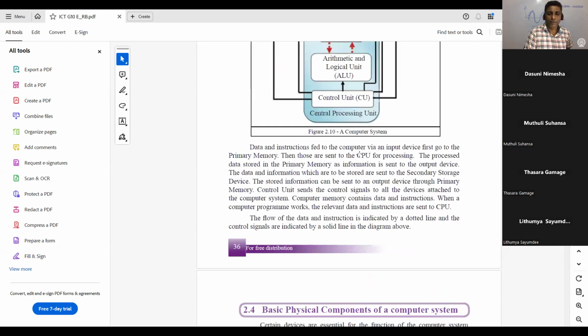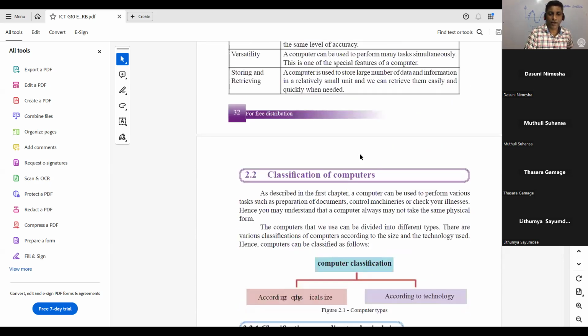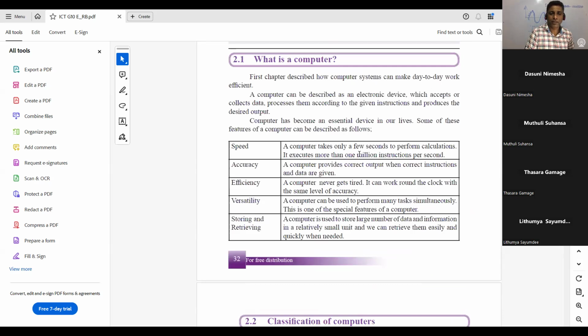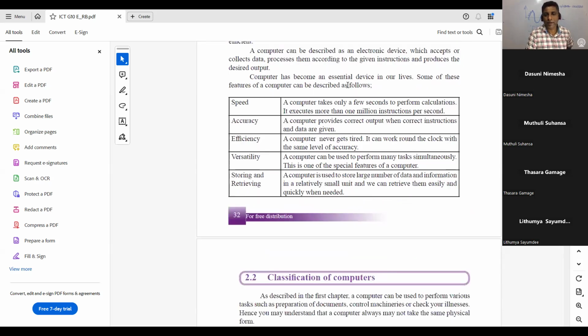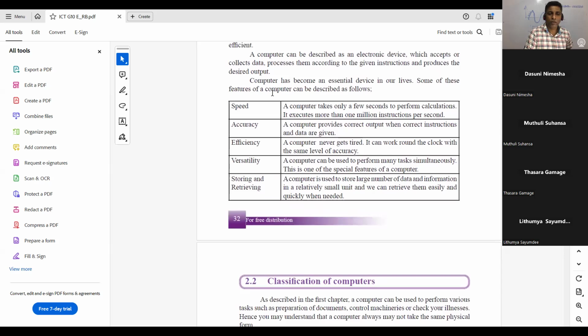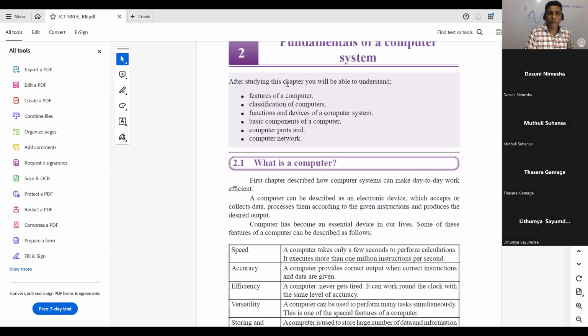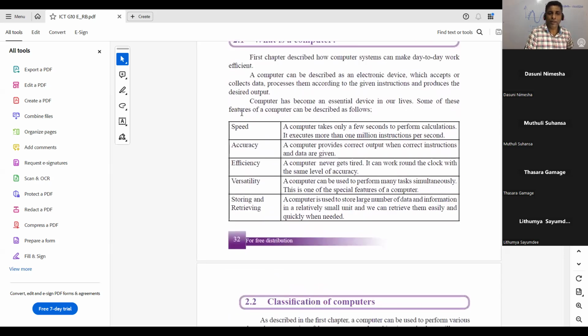So I think today we have discussed so many things, right? So let's revise. So basically what's a computer? It's an electronic device, a data processing device, right? So there are certain features, right? You need to remember: speed, accuracy, efficiency, versatility, and storing and retrieving capabilities.